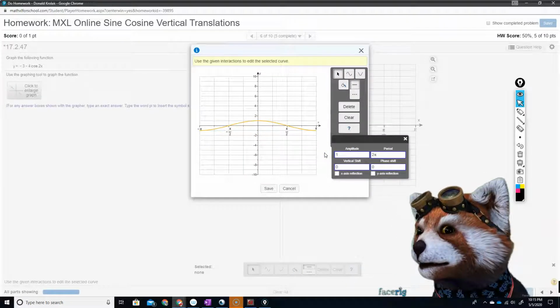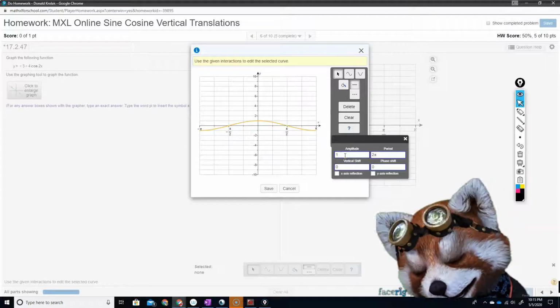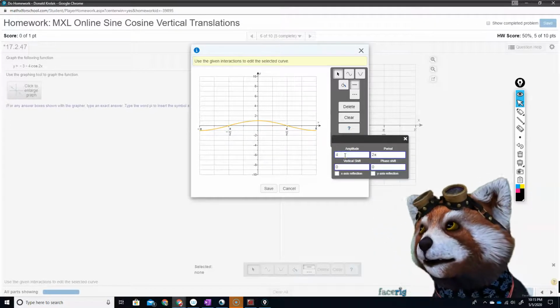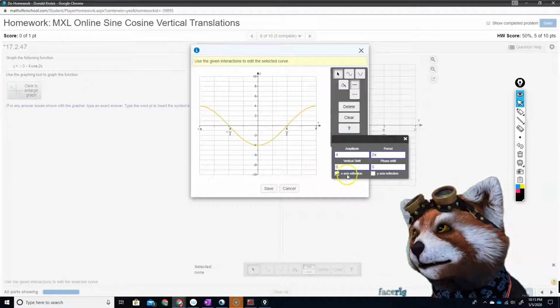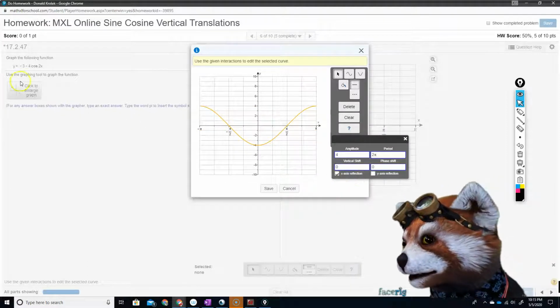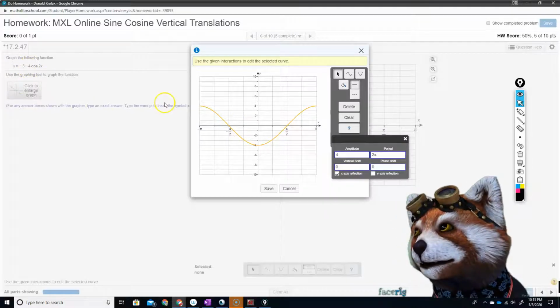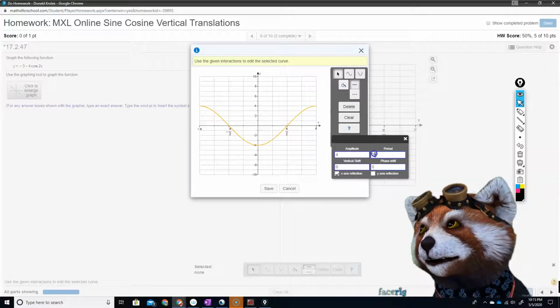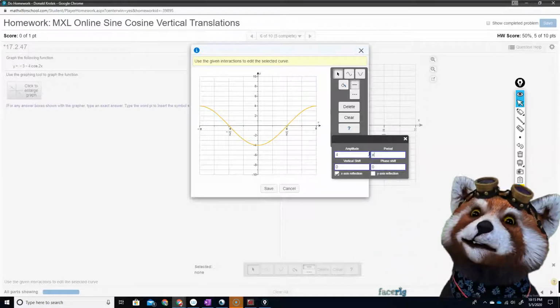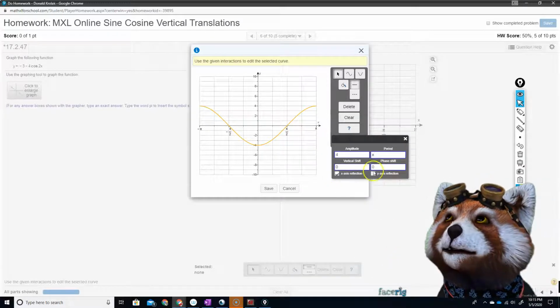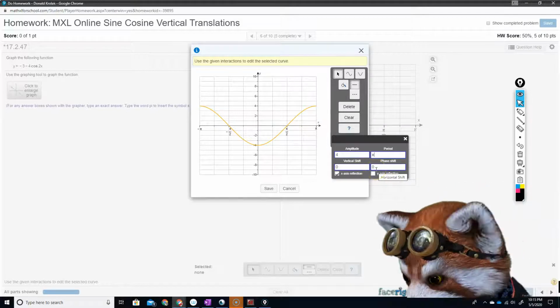My amplitude was 4, not -4, 4. I click the X over reflection, X-axis reflection because of that -4. All right, my period changed to pi, so I type in pi, and then we haven't done phase shifts yet.